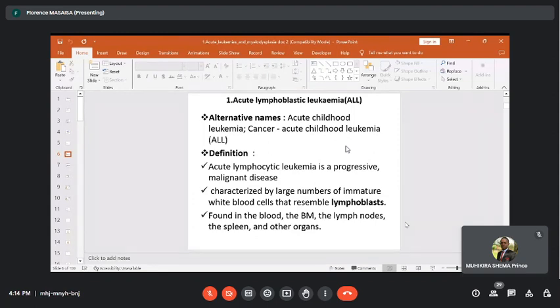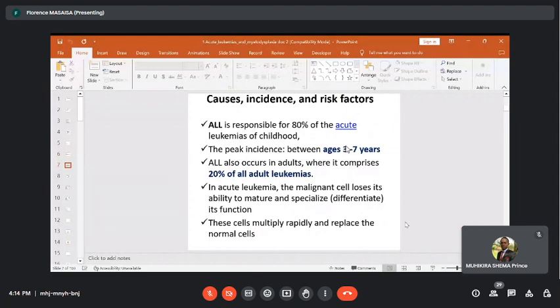So the bone marrow will be the one producing the cells, but the cells also go to the lymph node, the spleen, or other organs. It represents usually 80% of the leukemia in childhood, with age between 3 to 7 years. Then it occurs in only 20% of leukemia in adults.